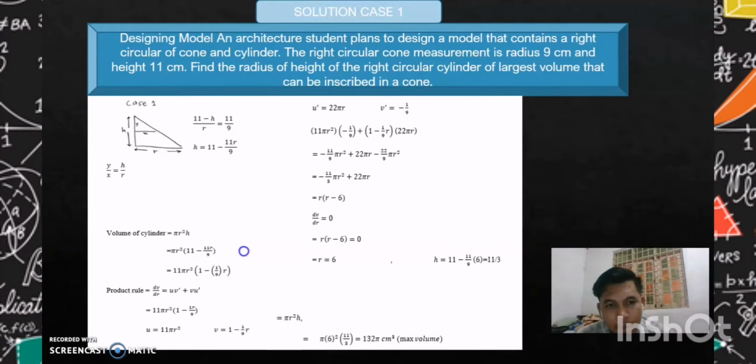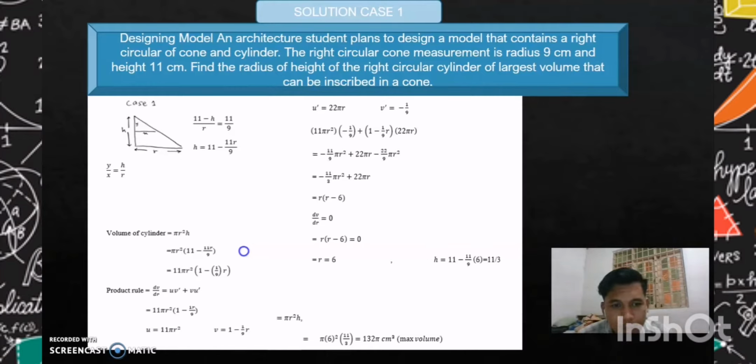So we use the product rule that dV over dr equals u multiplied by v prime plus v multiplied by u prime.